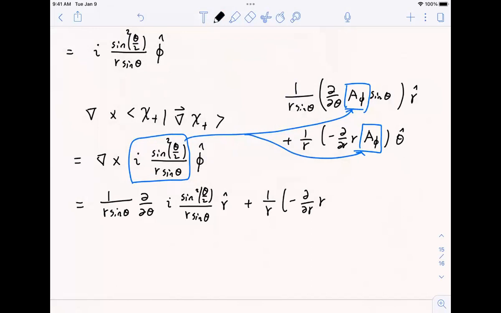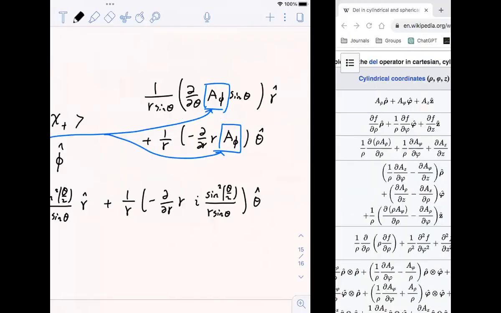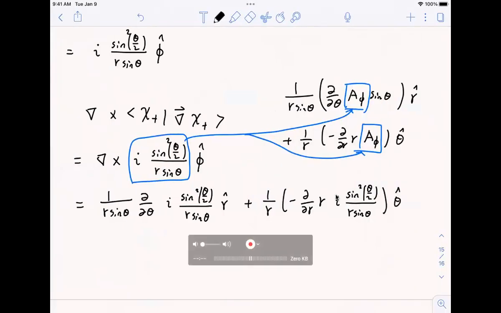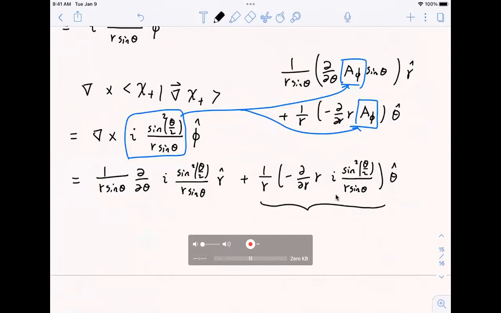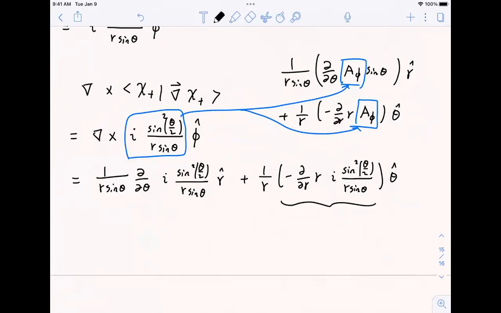Then we're going to have I sine theta over 2. Okay, is it negative? Okay, negative. So you'll find that eventually this R will cancel. This R and this R got canceled out. Okay, so you have I sine theta over 2 sine theta.